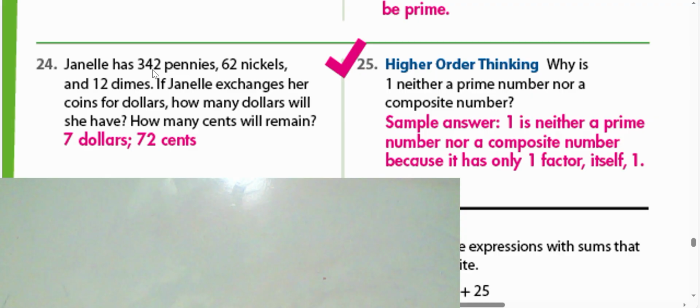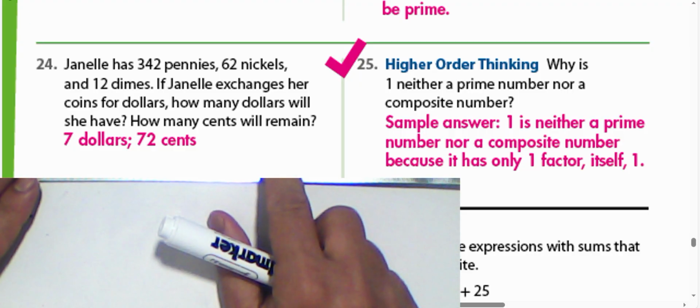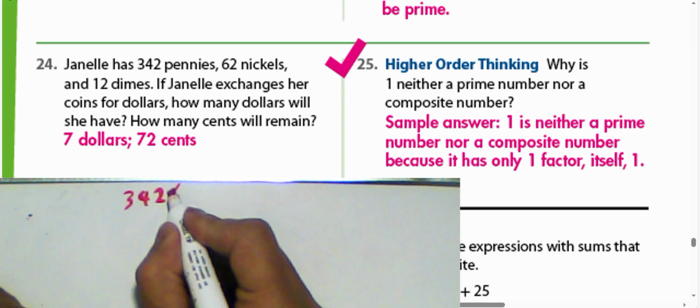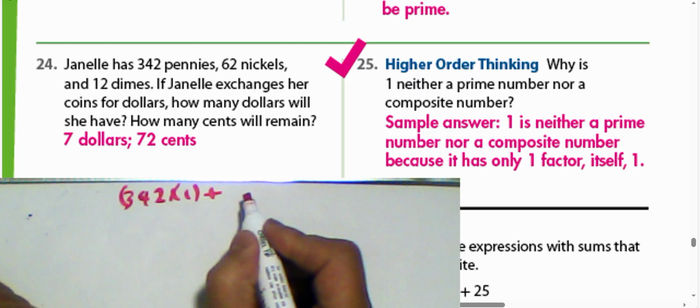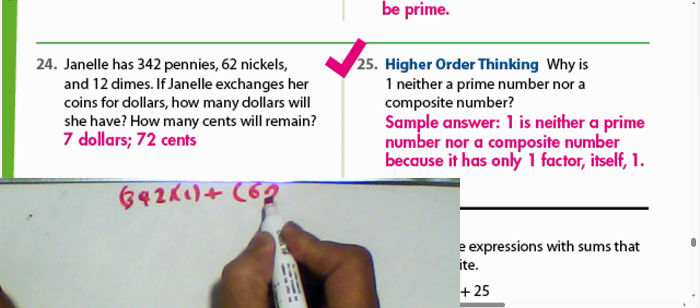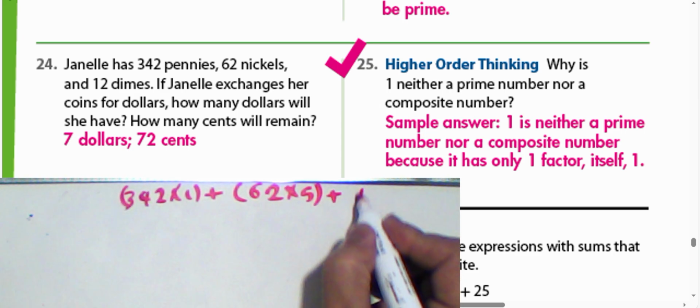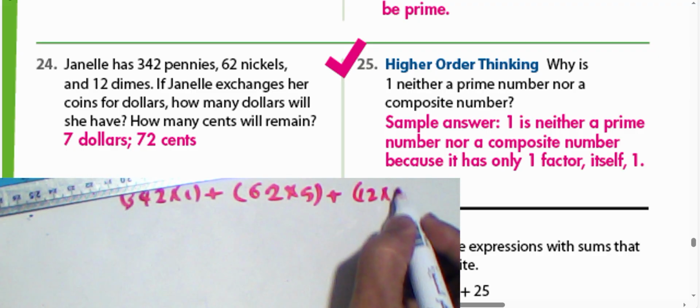Okay, we have 342 pennies, 62 nickels, and 12 dimes. We can multiply to find the answer. 342 pennies multiplied by 1, and 62 nickels multiplied by 5, and also 12 dimes, 12 multiplied by 10.